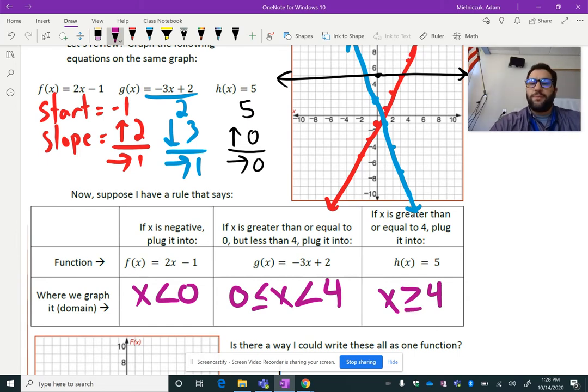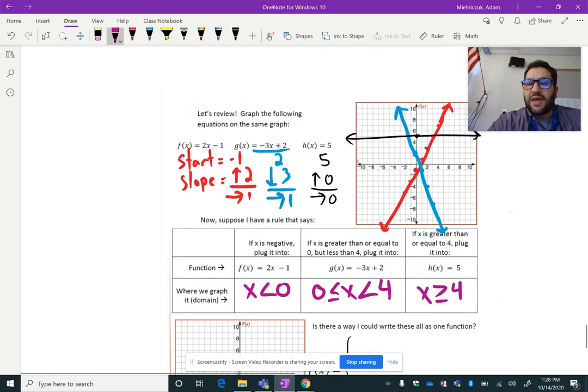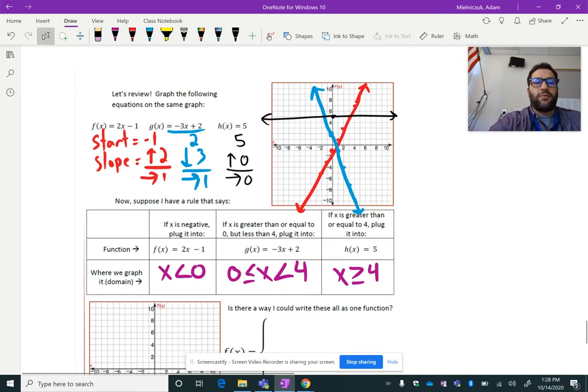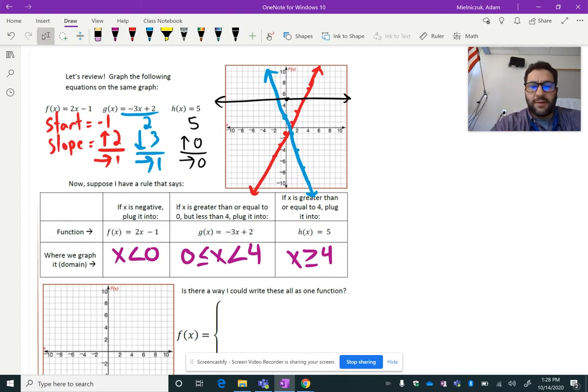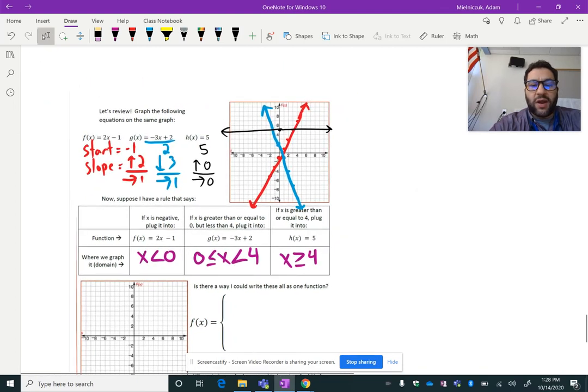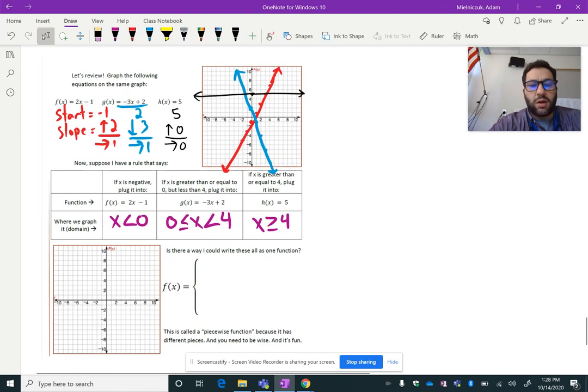Okay, so having said that, how does that change our problem? Well, let's take a look. Is there a way I could write all of these functions as one? Well, let's think about this. Or actually, before we do that, let's graph it. So we're going to graph 2x minus 1 for anything less than 0. Same thing, we're still starting at our -1.